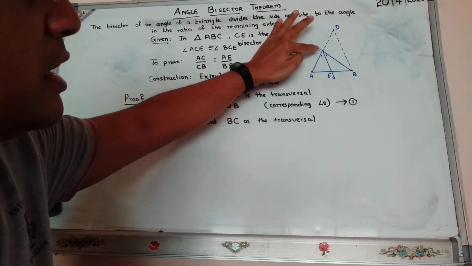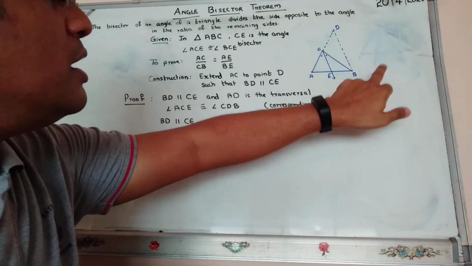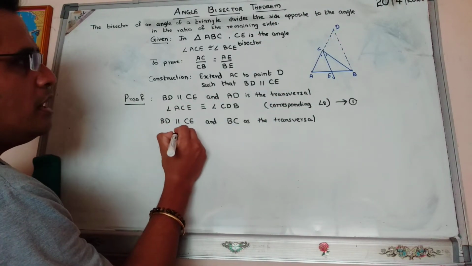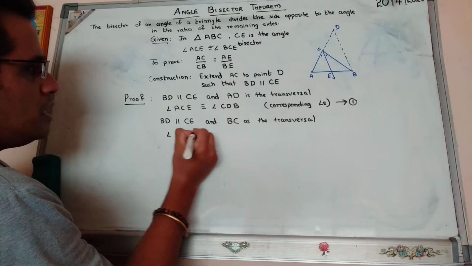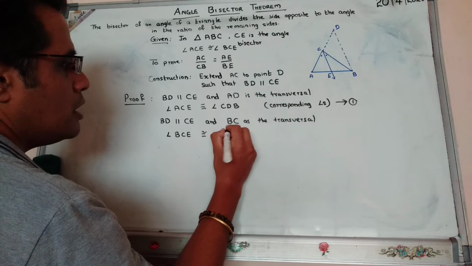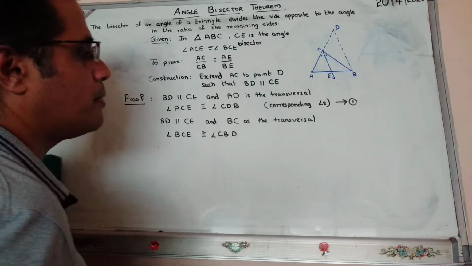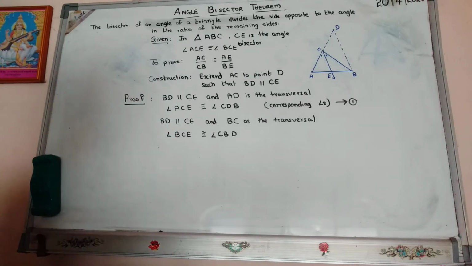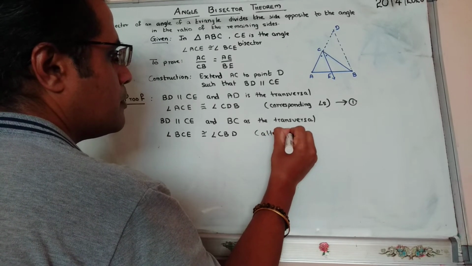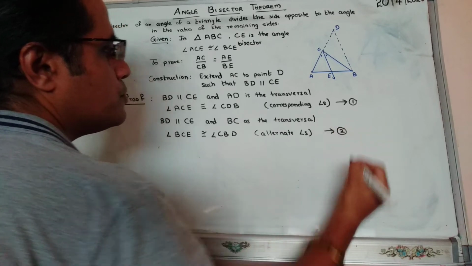Angle ECB or BCE is congruent to angle CBD. Okay, so these are the alternate angles. This is my equation number 2.